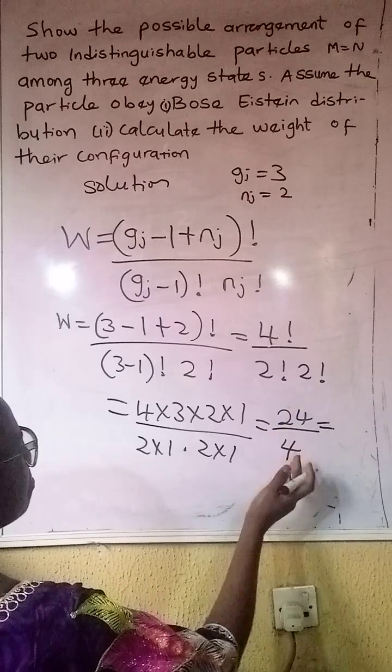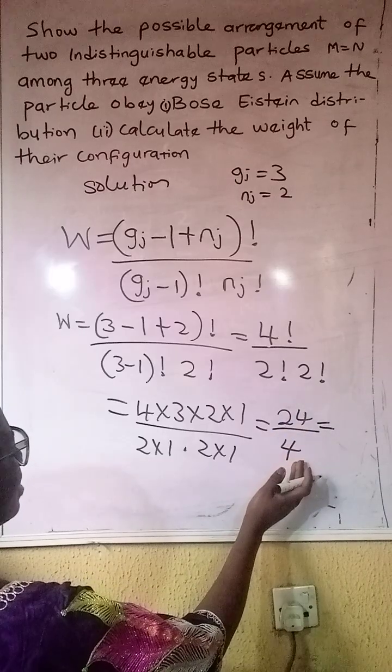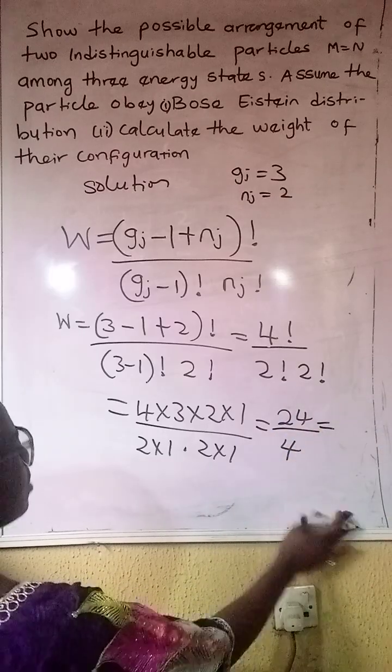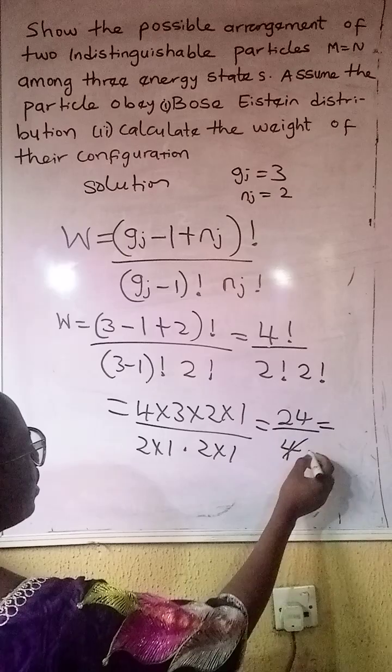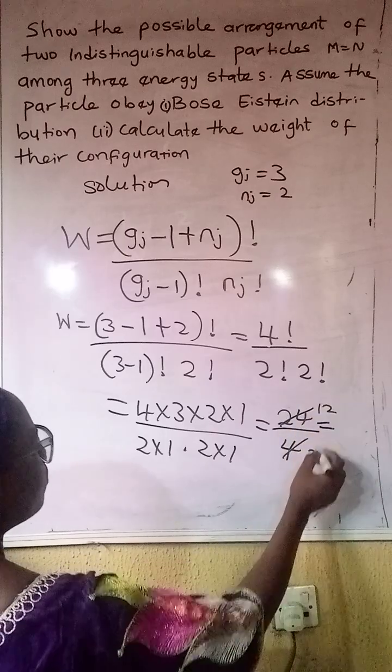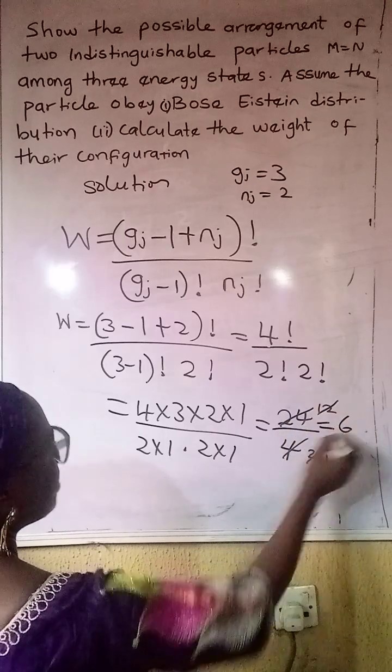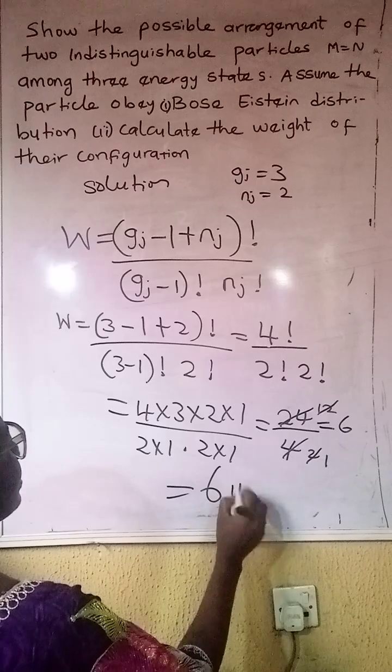You can just simply do 24 divided by 4. But if you can do it one step at a time: 2 here, 2; 2 here, 12; 2 here, 1; 2 here, 6. So we have 6 ways.